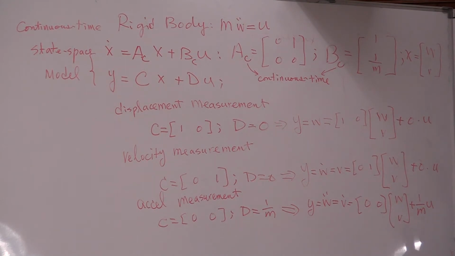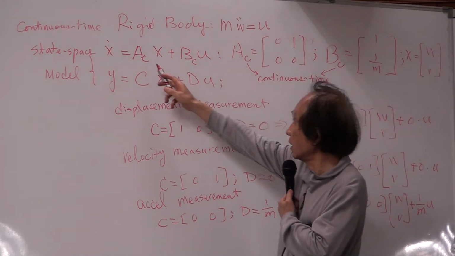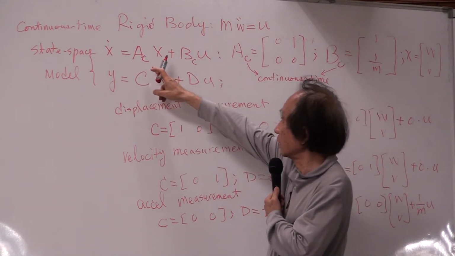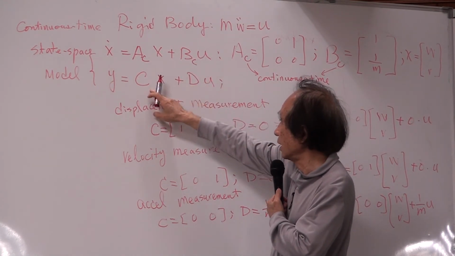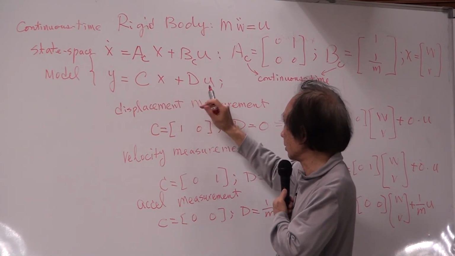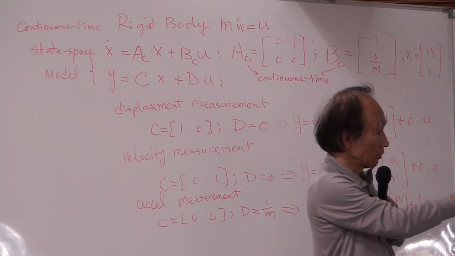Okay, now the D here, so we know that AC we call state matrix, BC is input matrix, C is output matrix, and D we call the direct transmission matrix.